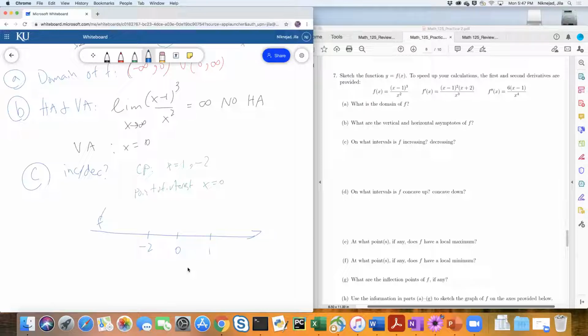Now that I have that, let me write down f prime right next to this, because otherwise I forget. It's this times x plus 2 divided by x to the power 3. Now, if you look at the degree, what's that called? I'm having a moment again.